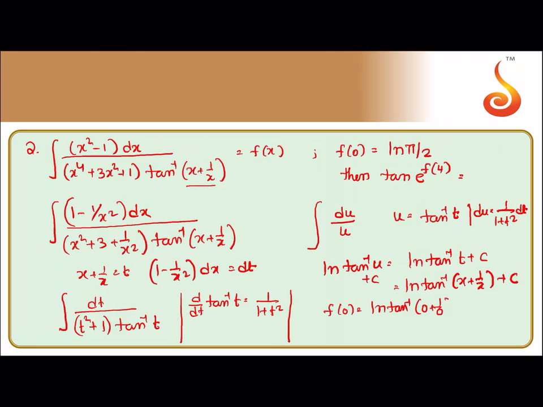So, f of 0 will give you log of tan inverse 0 plus 1 by 0 plus c. So, f of 0 is equal to log pi by 2, because tan inverse infinity is tending to pi by 2, plus c. So, f of 0 is log pi by 2. This implies c equal to 0.